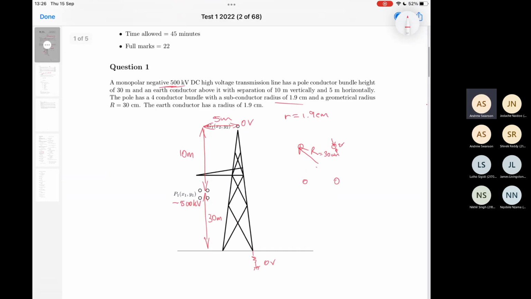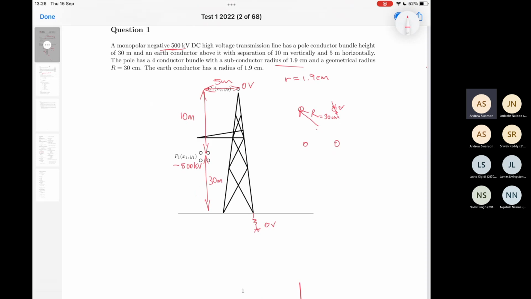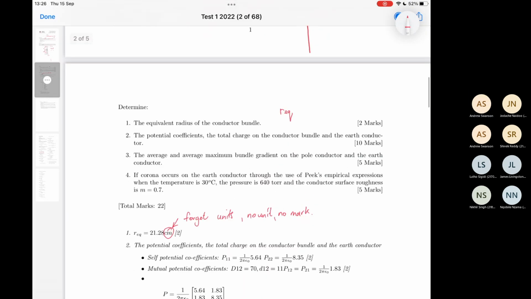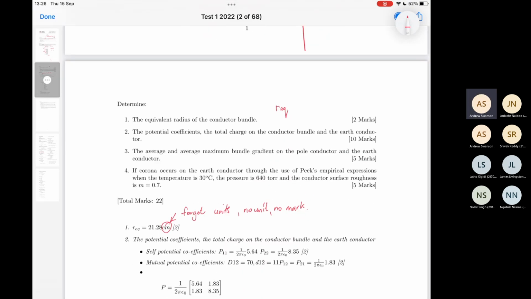The next question was the potential coefficients, total charge on the conductor bundle and the earth conductors. So your self-potential coefficients: P11 is the self-potential coefficient for the conductor bundle. Again, that's just the equation.